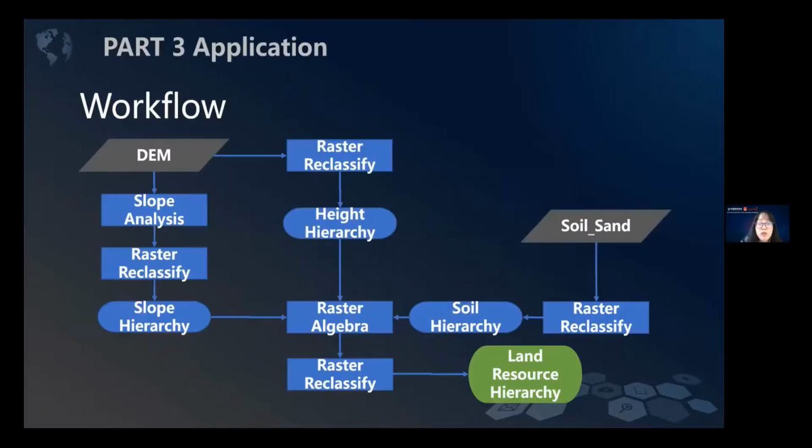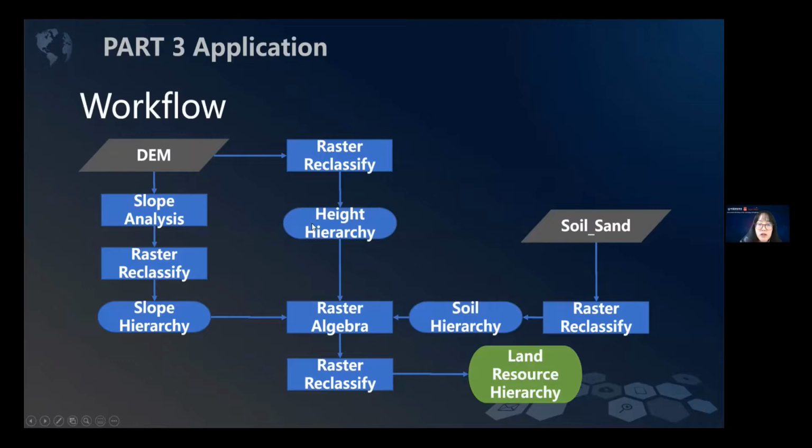And here is the workflow of our evaluation process. Here, we will use DEM data and the slope analysis tool to calculate slope values. And then we will use raster reclassify to reclassify slope values into 5 hierarchies. After that, we will directly reclassify DEM data and the soil set data.